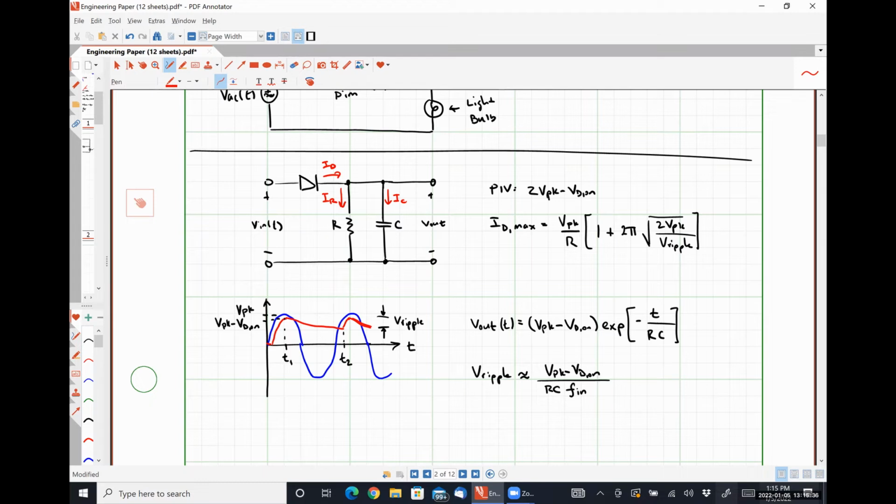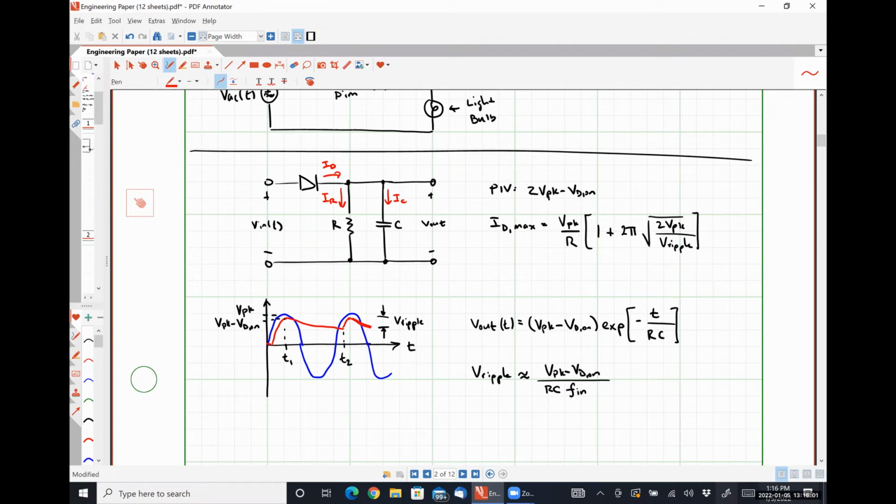Like I said, the derivation makes more sense to me, but the values that you get using it seem a little wonky. And I think the reason is that the other equation has an extra factor of RC right here, and then effectively it flips V ripple and V peak. V peak is always going to be much larger than V ripple by definition.